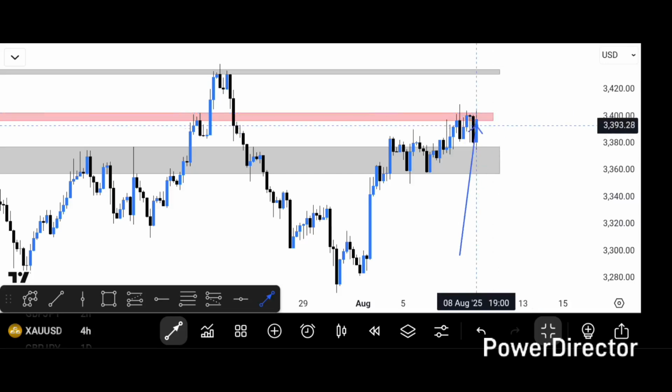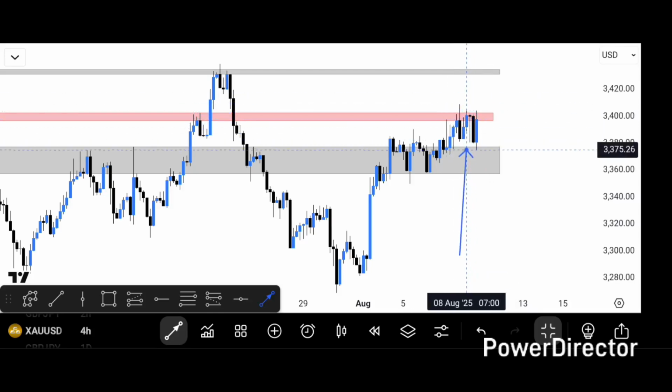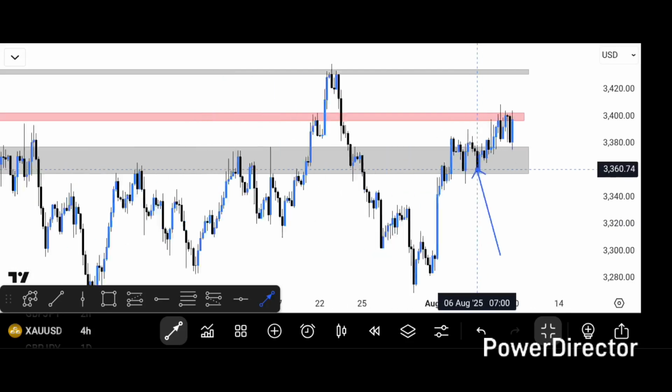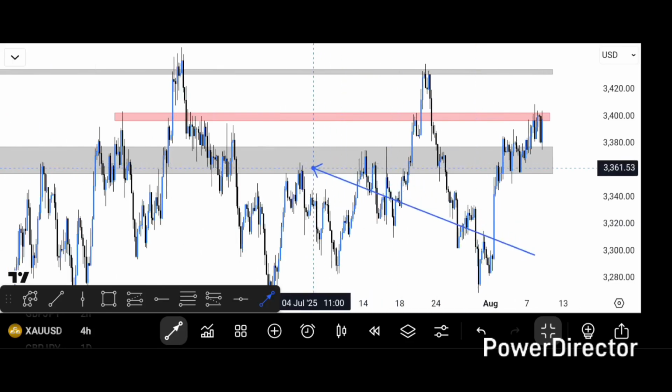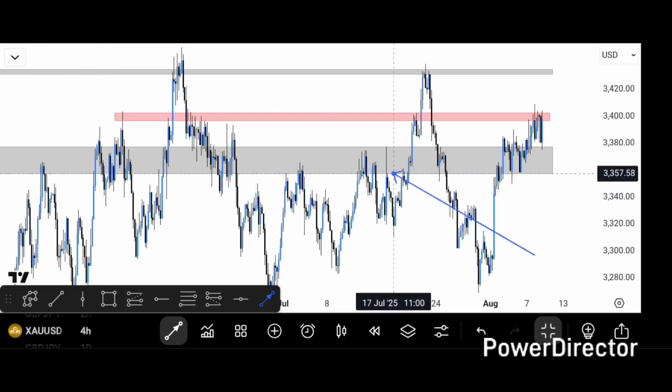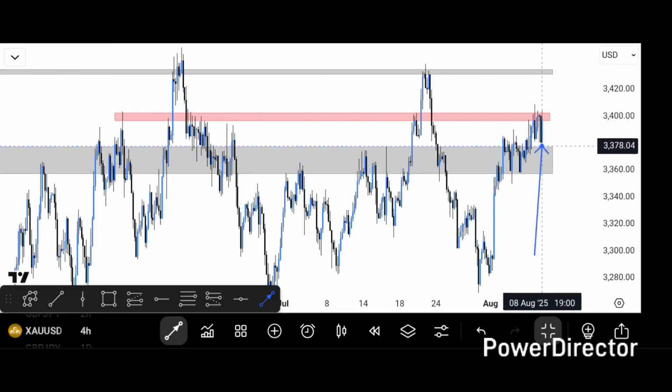There's a possibility that price might not be able to break this zone, and gold will retrace maybe back down to this area around this zone, which you can see is a strong support here. So we might retrace back down to this zone, then we'll find rejection from there before we buy.